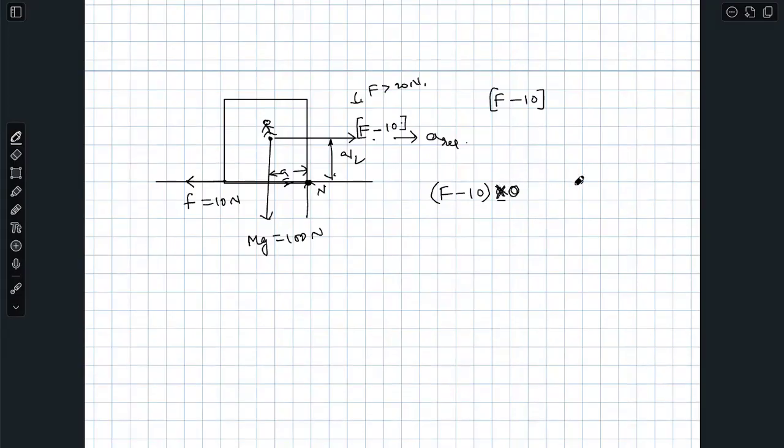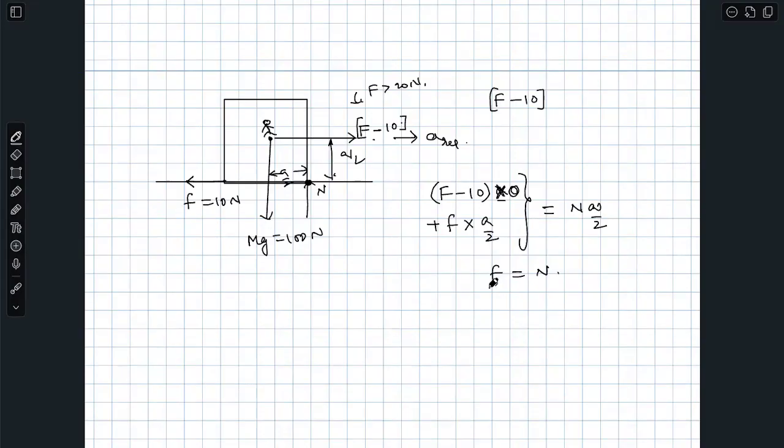Plus F times A by 2 is equal to, this is not contributing torque, weight is not contributing torque, and N times A by 2.